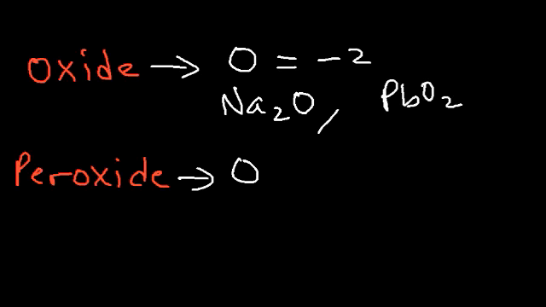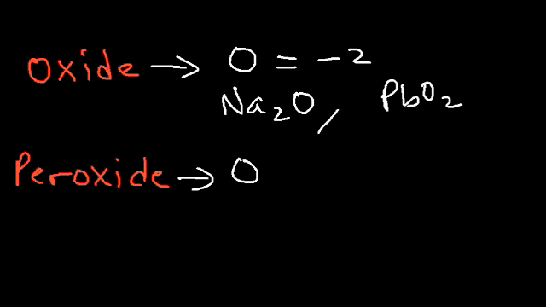Or if you see K2O2, that's potassium peroxide. Now granted, this could be reduced to KO, which would still be called potassium peroxide, but typically it would exist as a diatomic oxygen anion.